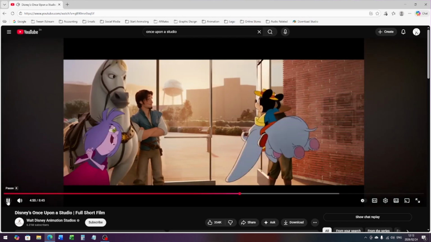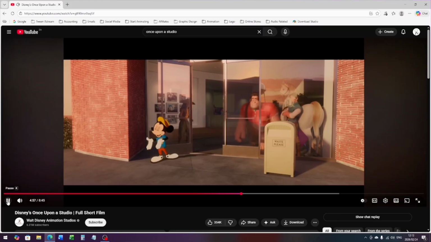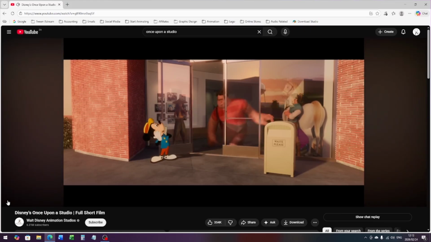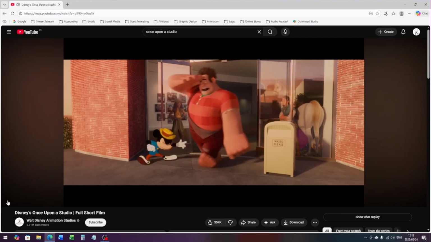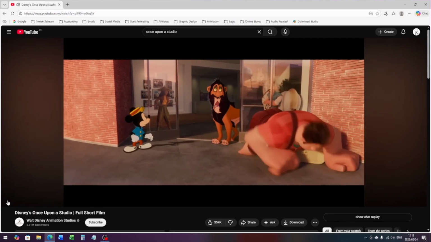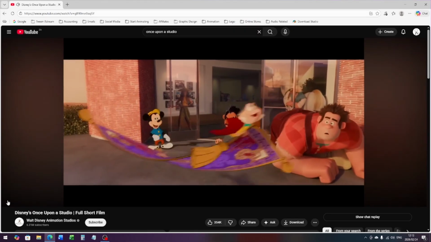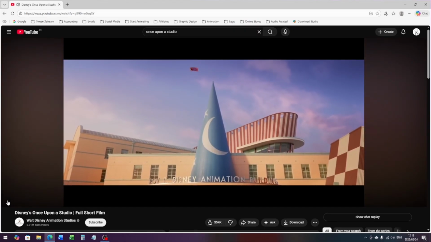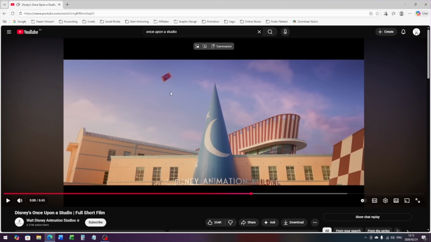So one thing you can pick up, there's a lot of arcs in the animation. There's a lot of circular movement. And I think it's to add to the magical feel to it. So that is something that I've also picked up.